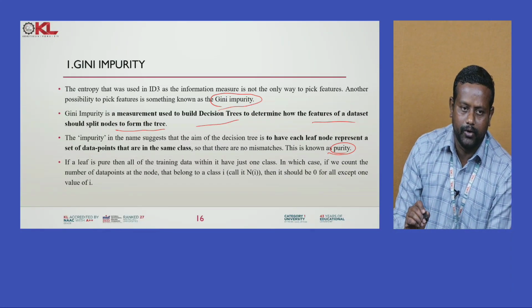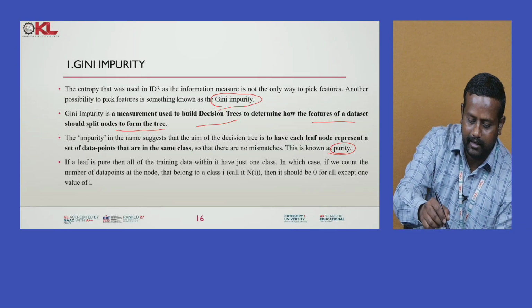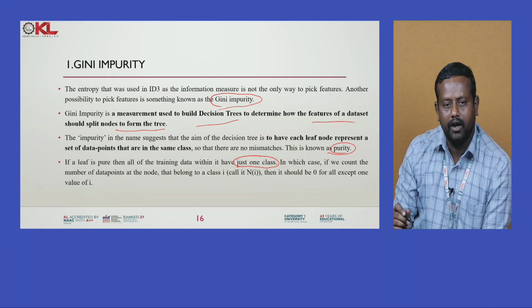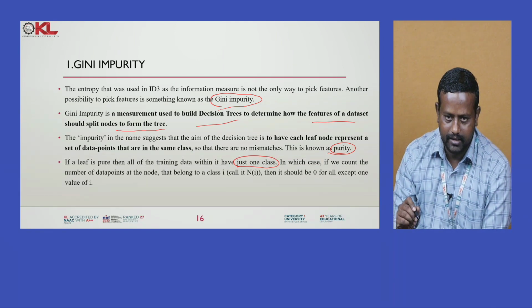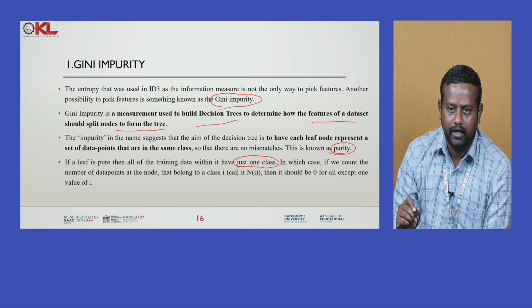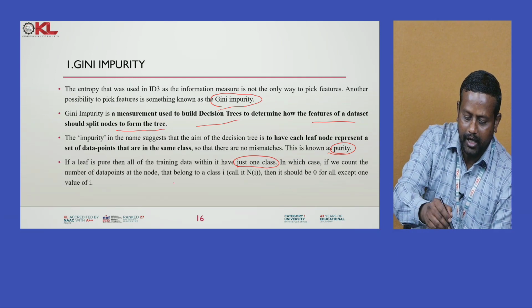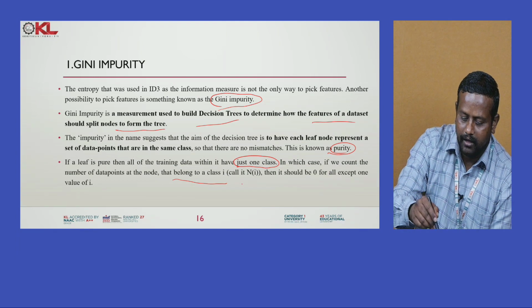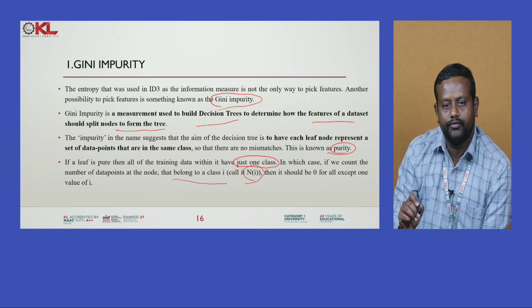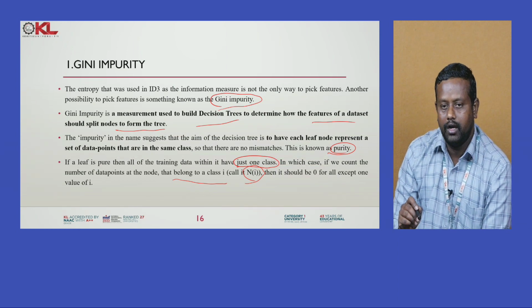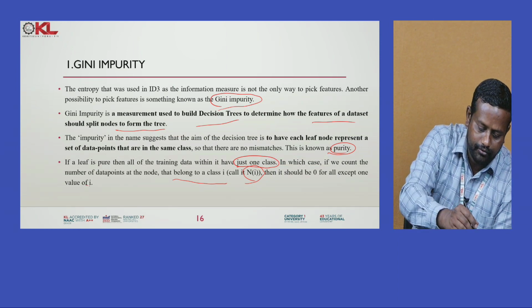If your leaf is pure, then all of the training data within it have just one class. All the data belong to one class, in which case if we count the number of data points at the node that belong to class i, represented as n_i, it should be 0 for all except one value of i.